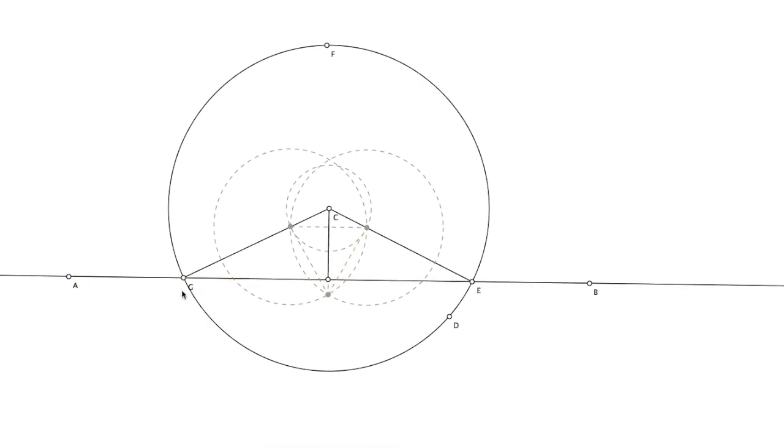Why? Because we have bisected the base according to proposition 10. And having bisected the base, now of course we can walk through the proof given by proposition 11 to prove that this really is a perpendicular line. And again, I'm not going to go through that because I think that it's pretty straightforward, and we'll let that be the end of proposition 12.